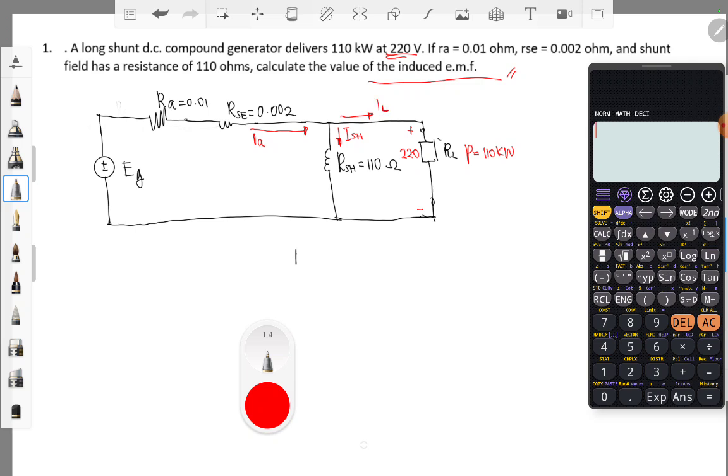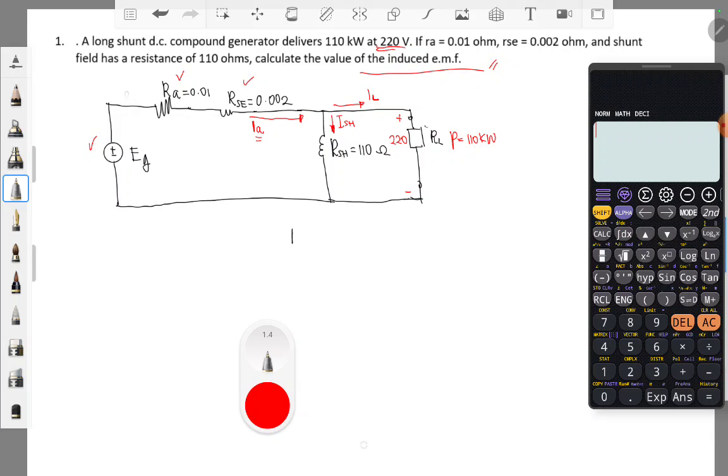Now it makes sense that our IA, or the current in my generator circuit, is equal to the current entering my RSE and my EG, because it is connected in series with our RA. Now from here we can say that 220 volts is in parallel with our RSH, so therefore our VSH is also equal to 220 volts.